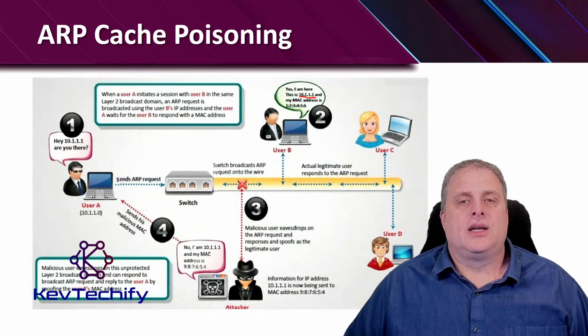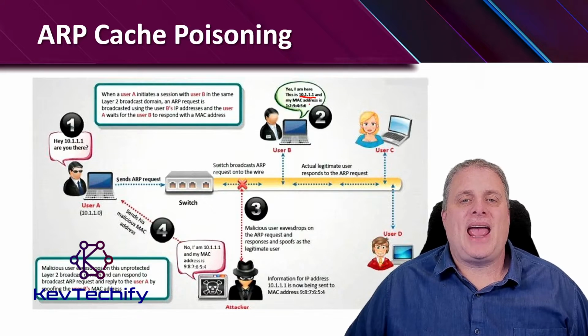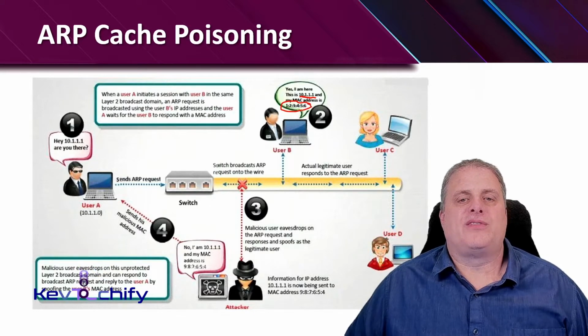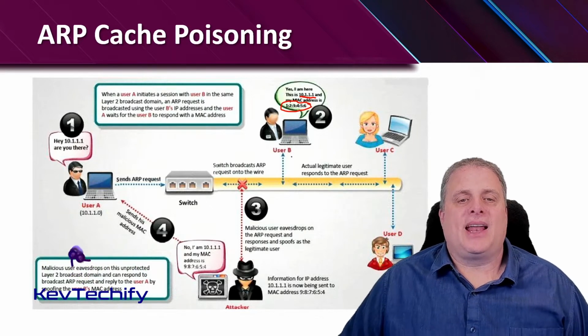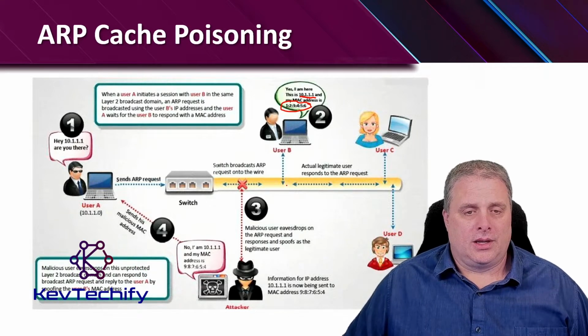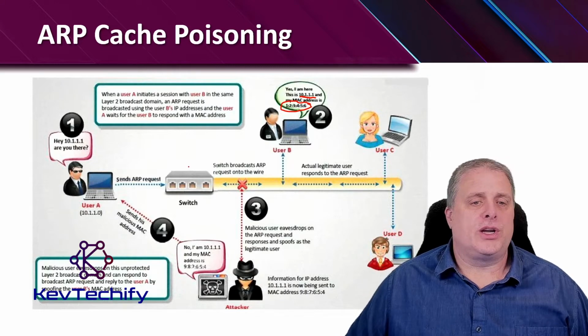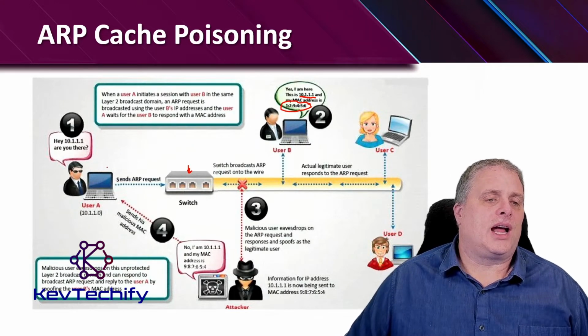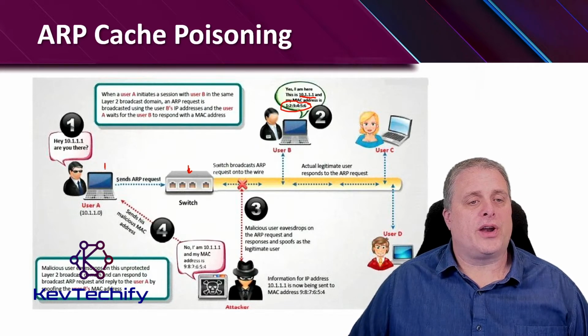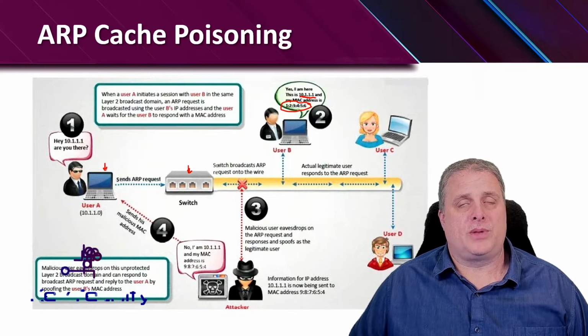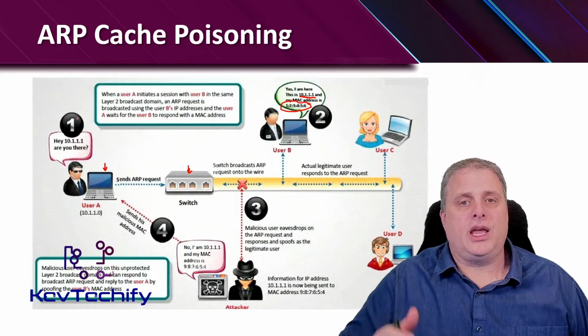This is me, 10.1.1.1, and my MAC address is, in this example, 123456. They're going to send back that ARP reply. That ARP reply is going to be heard by the switch. We add that to the switch, and then it gets forwarded on to user A, and user A then updates its ARP table, ARP cache, and it can start communicating.